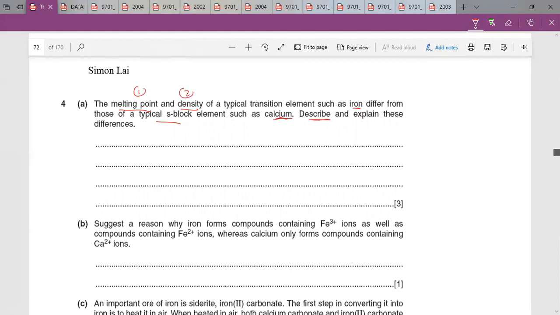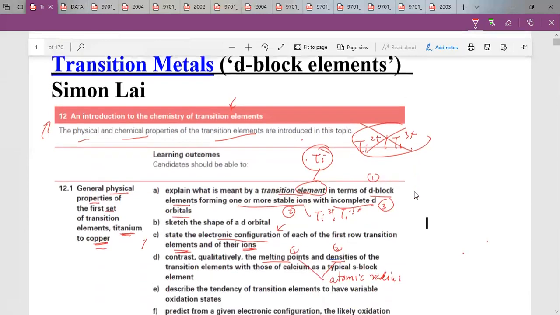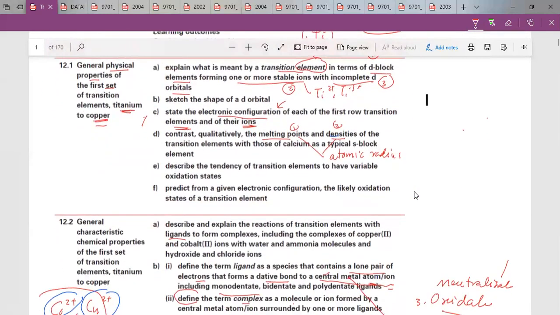Now let's look at why, because in the syllabus they say contrasts with those of calcium. So that's why they actually talk about that. Now let's look at the reason why melting point is high.